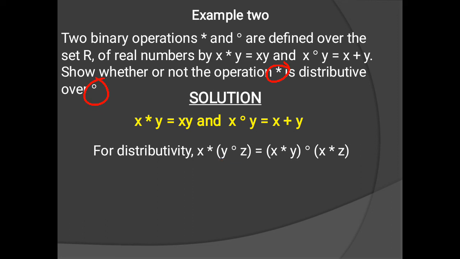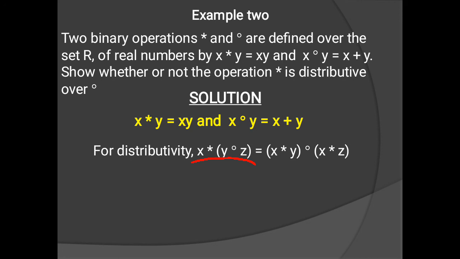Good. So for distributivity, x star into parentheses y circle z. See, the two different operations have appeared. We're given x and y, but we should know that distributivity also has to do with three variables. So you were given x and y, add the next one, which is z.